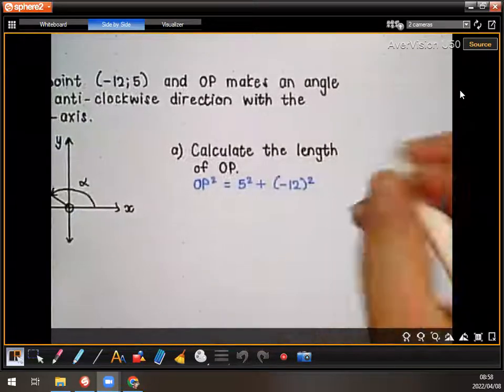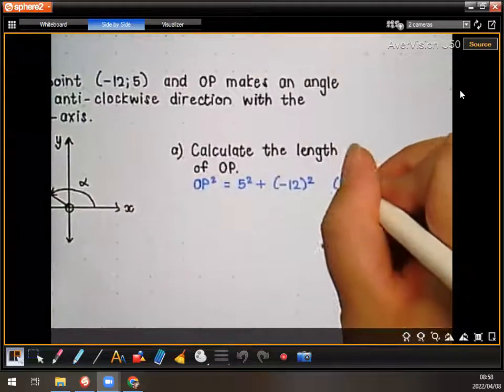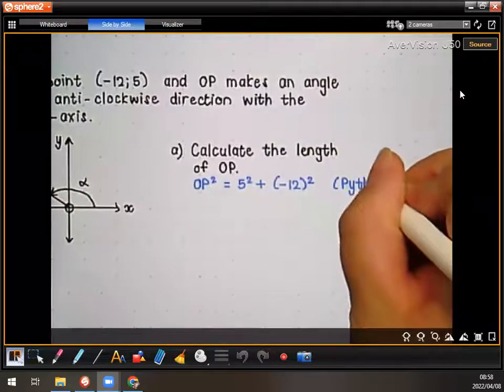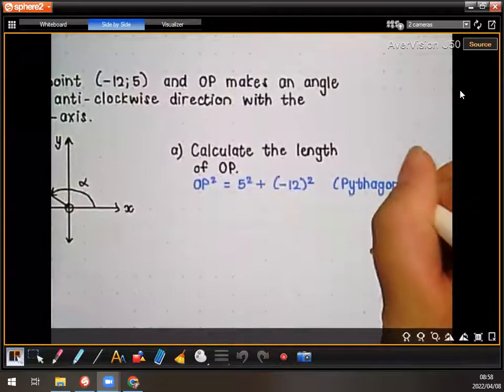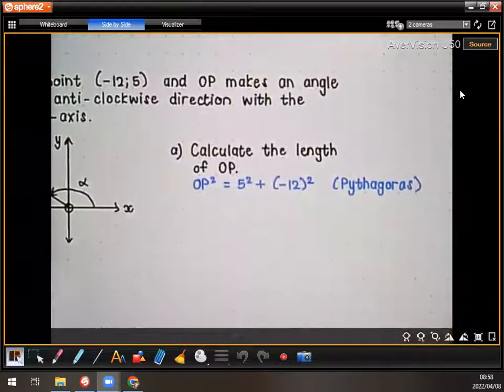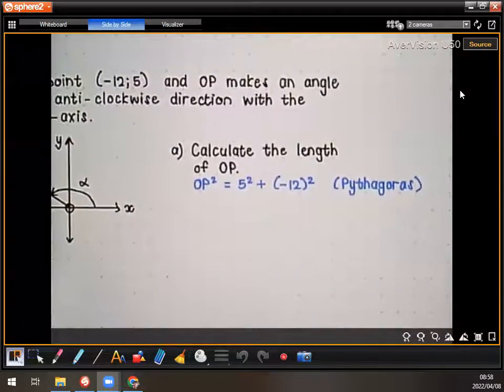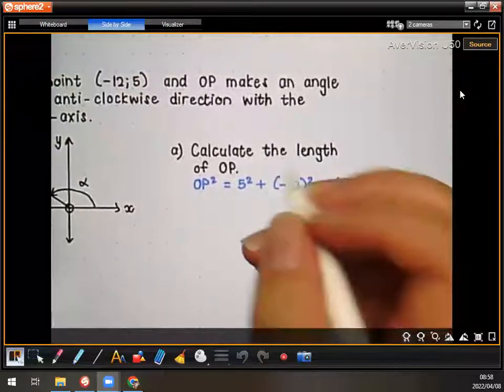Okay, Pythagoras. So guys, if you know that 5, 12, and 13 is a Pythagoras triple, you can just write that OP is 13. But then you have to write as your reason Pythagoras triple or Pythagoras.